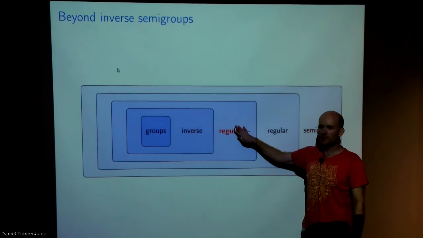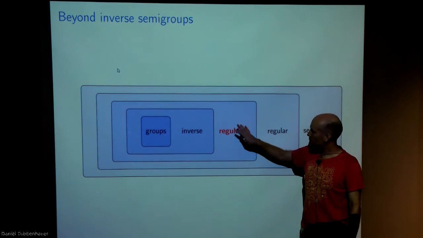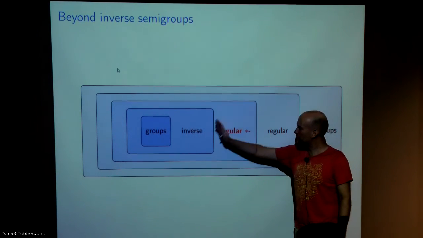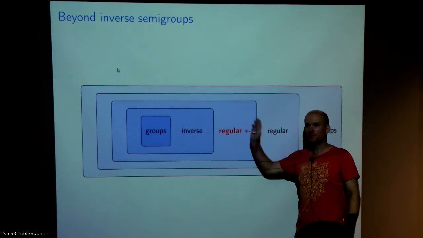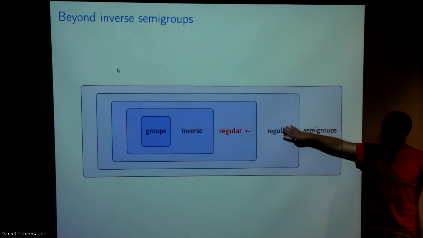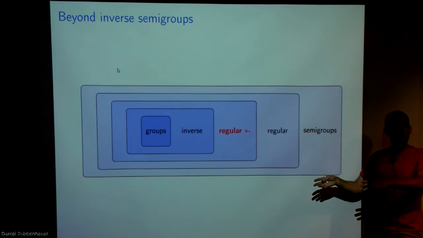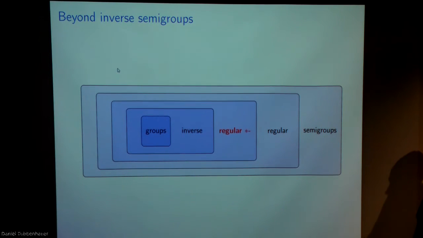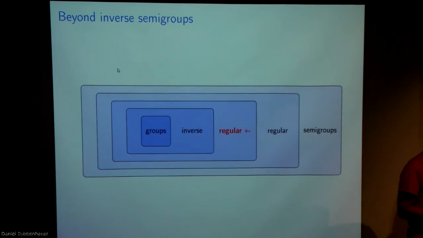And we found that regular star semigroups, which we're interested in for all kinds of other reasons, seem to be the absolute sweet spot between something that's a bit more interesting than inverse semigroups, but has enough structure and enough symmetry to let this groupoid stuff happen without the crazy complications that happen with regular semigroups. If you've got a regular semigroup or this insane Nambooripad category thing, maybe that is a bit of a stretch. But I think it's fair to say that the categories we found for regular star semigroups are pretty nice.